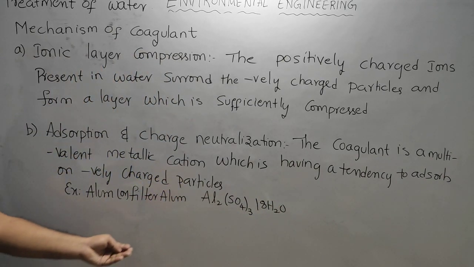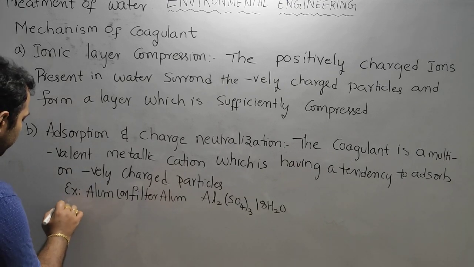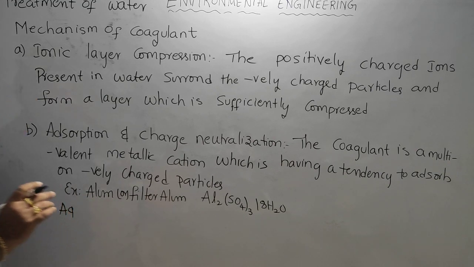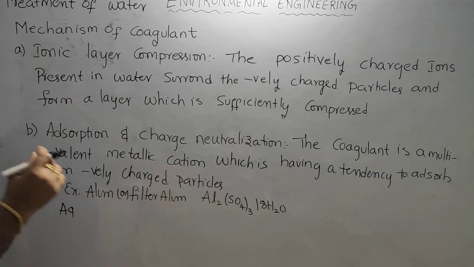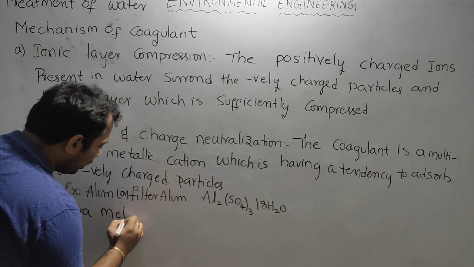Once we add this alum to water, it dissociates and forms aqua metallic cations. That means they form metallic cations in the presence of water. That is called aqua metallic cations.